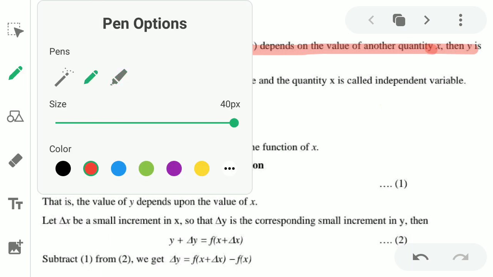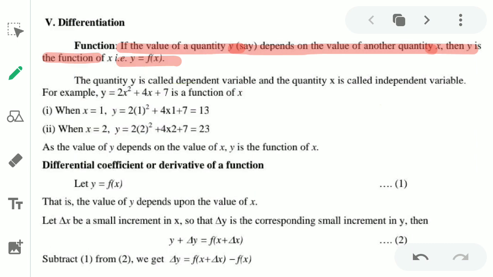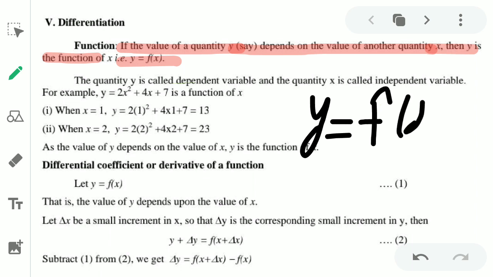We know very well in mathematics, generally we write y equal to f(x). The question arises, what do you understand by y equal to f(x)? It means y is a function of x.